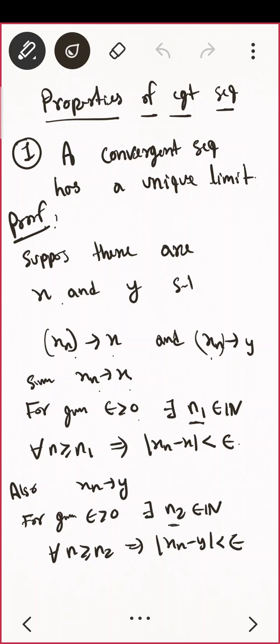Every convergent sequence has a unique limit. That means I need to prove that x and y are equal, correct? And I have already told you in the case of calculus, if you want to prove two numbers are equal, what is the trick?